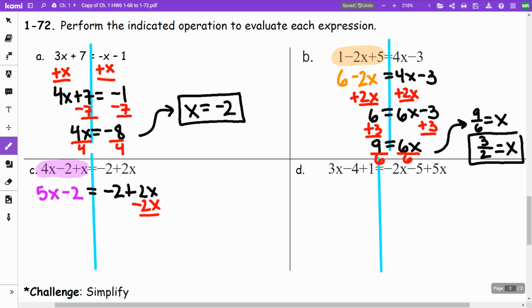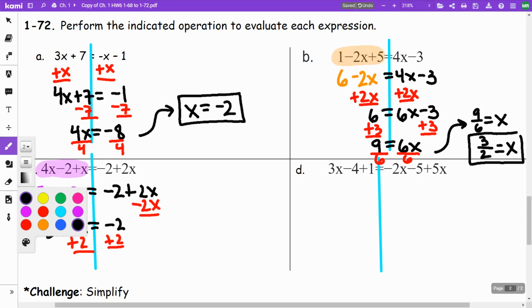I'm going to minus 2x from both sides. I'm going to get 3x minus 2 is equal to negative 2. I am going to add 2 to both sides. And I'm going to get 3x is equal to 0.